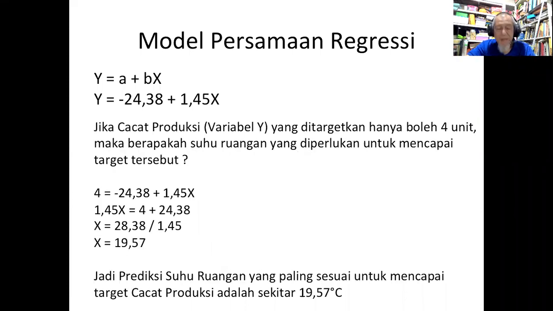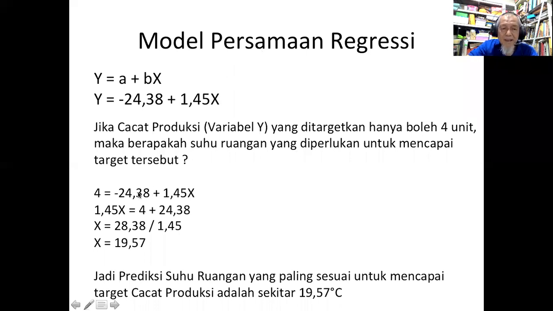How about another case? If you want the defective product to be only 4 units, what will the room temperature be? We can also predict this. If I want the number of defective products to be only 4, then I put this into the regression equation model.